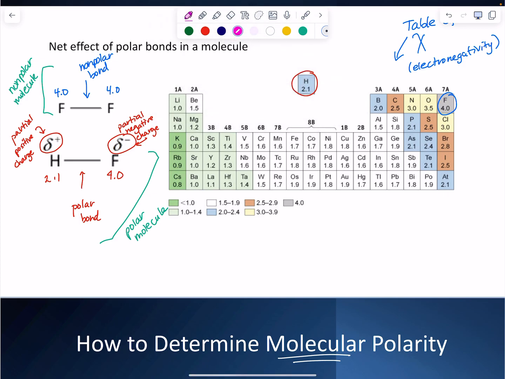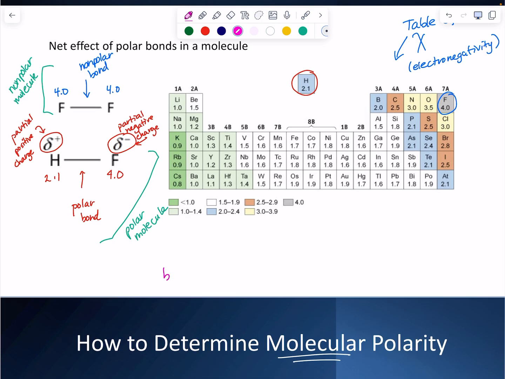So a bond dipole is an arrow that we draw. Well, it's an actual physical measurement of an electric field, but we use an arrow with a plus on one end to represent the bond dipole.